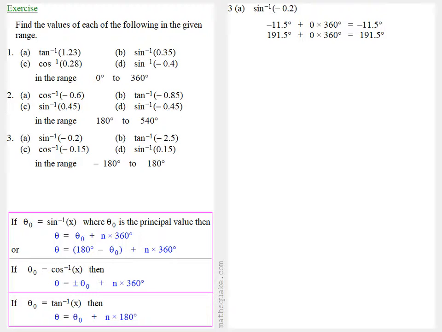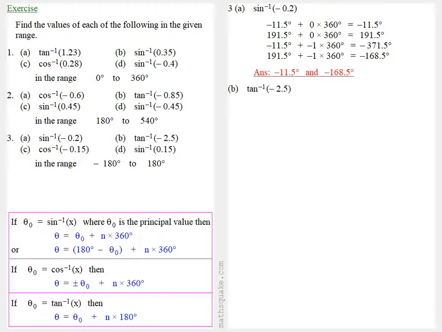So we have two values, minus 11.5 and 191.5, and if we subtract 360 degrees, we get minus 371.5 degrees and minus 168.5 degrees. So in the range we want, minus 180 to plus 180, the values are minus 11.5 degrees and minus 168.5 degrees.